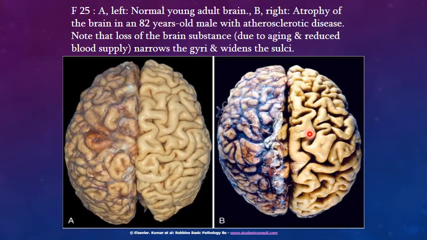One of the organs is the brain, which would lead to the loss of brain substance because of the decrease of blood supply. It will lead to the narrowing of the gyri, because of the decrease of the brain substance, and widening of the sulci. When you compare it with the normal brain, you will see the difference. The sulci are widened while the gyri are narrowed, while here is the normal.